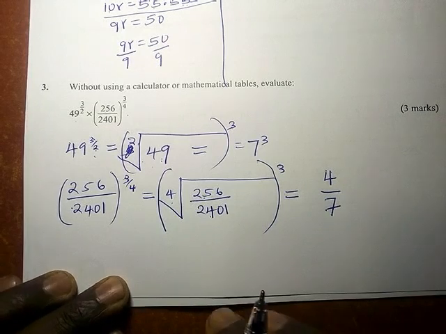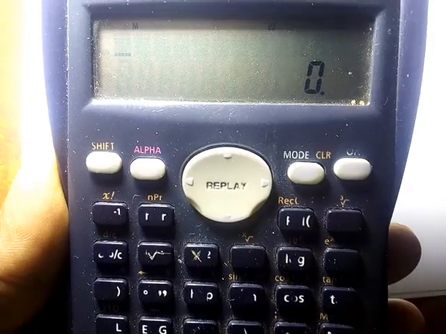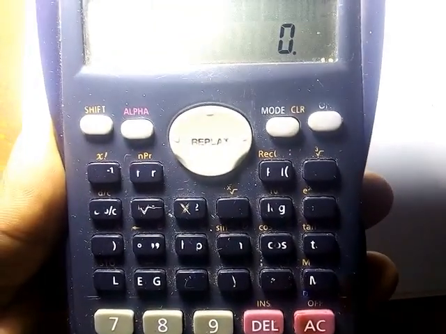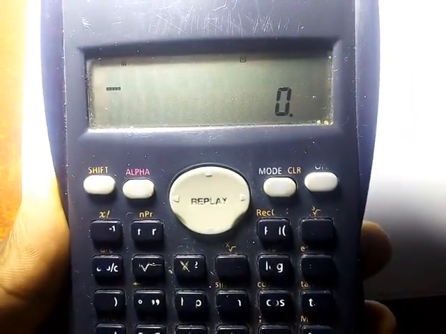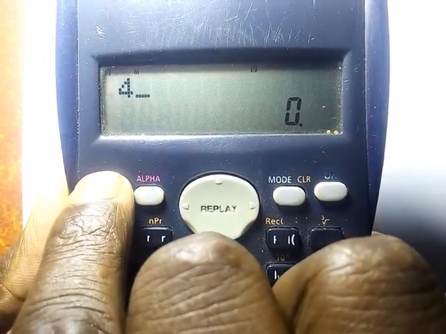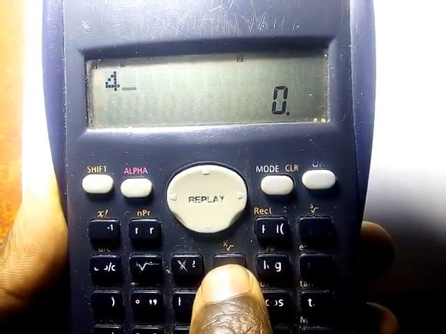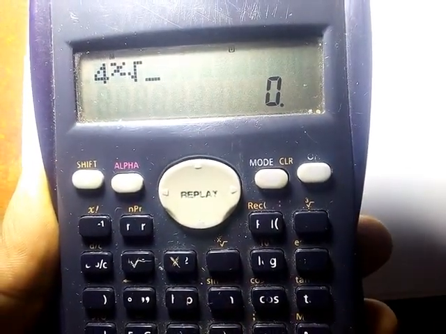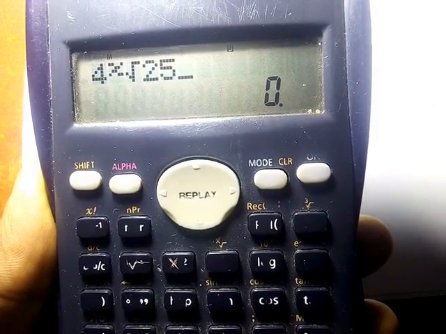The fourth root, how do you do it? To get the fourth root of a number, or the fifth root, if you are looking for the fourth root, you press 4, then shift, then this key here. And then you put the number inside. For example, my number is 256.